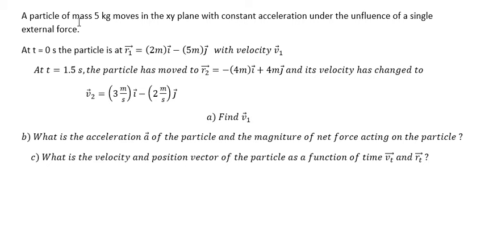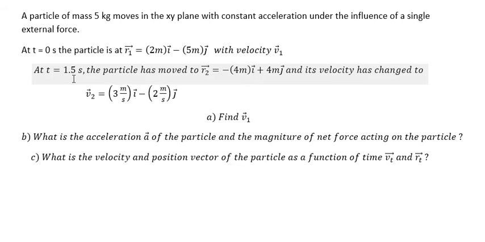The topic today is about position, acceleration and velocity. A particle of mass 5 kilograms moves in the xy plane with constant acceleration under the influence of a single external force. At t equal to 0, the particle is at r1 equal to 2 meters i minus 5 meters j with velocity v1.